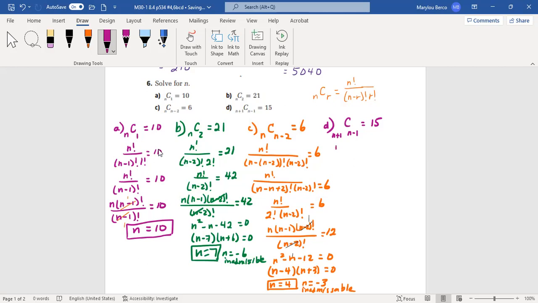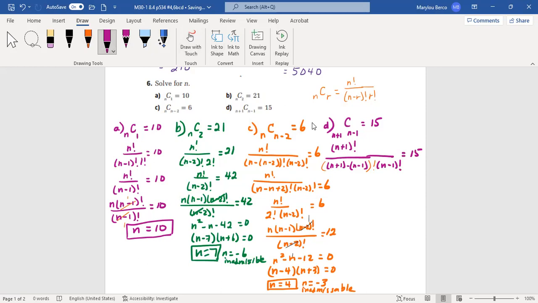So what I have in the numerator is n plus 1 factorial all over n plus 1 minus n minus 1, and I should put all of this as a factorial, by n minus 1 factorial equals 15.